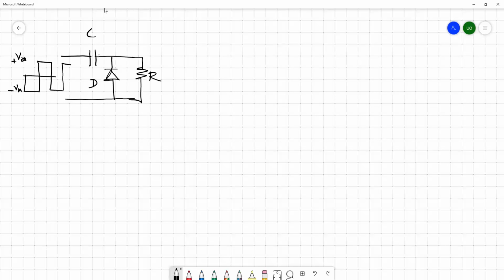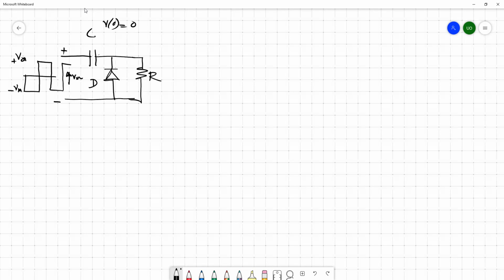The input signal is a periodic square wave. We have a capacitor which is initially at 0 voltage. The voltage across the capacitor is 0 at the initial level.